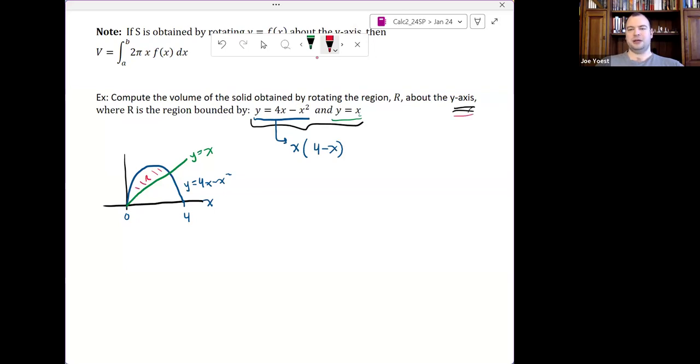And again, we're rotating about the y-axis, so we're rotating this direction. We're going to see a little bit of a nuance come up here. We're going to, I think, have to revisit our formula and our initial setup for developing that formula.